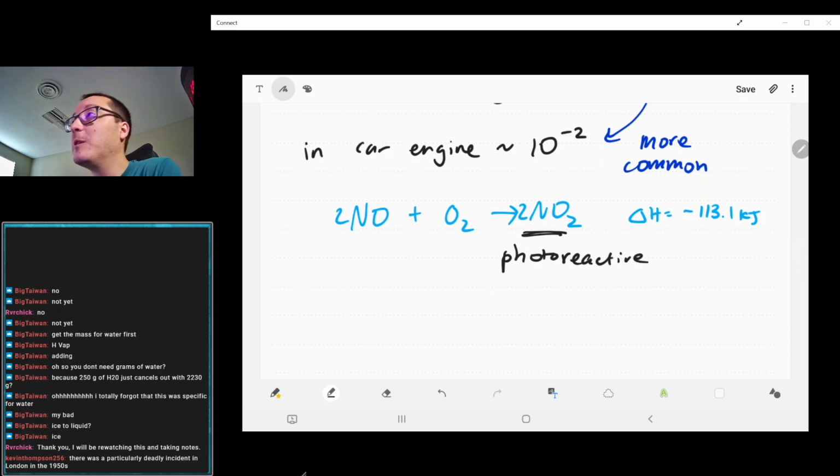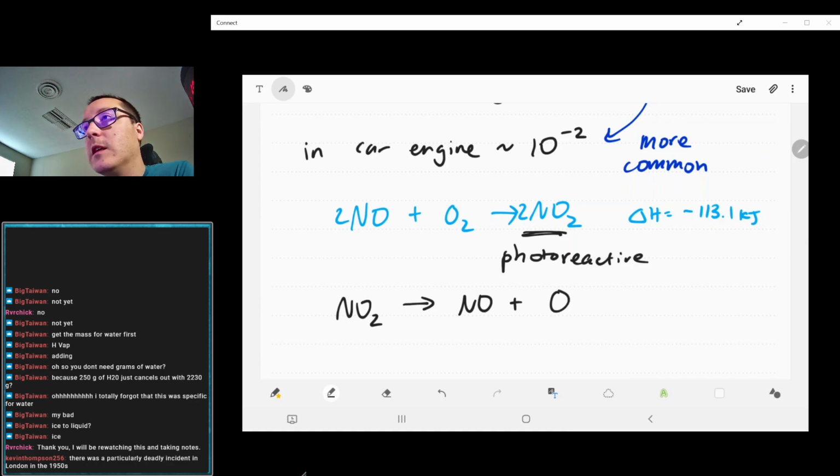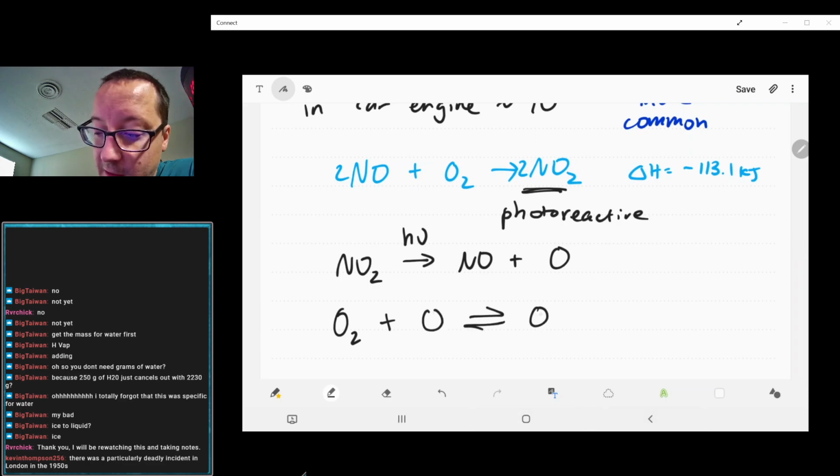And so there will be light of sufficient intensity to photodissociate this molecule into the nitric oxide again and an oxygen radical. This is in the presence of light. And unfortunately, when we then take that oxygen radical and add it to molecular oxygen, O2, we would get ozone, which is our problematic compound.